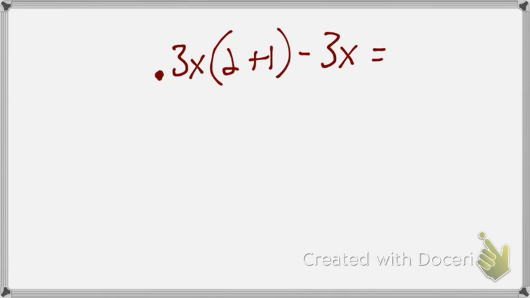All right, so let's talk about why none of that is too important, because I think it's easier to go on your calculator and do it there. Let me give you the hardest problem I can come up with off the top of my head. Let's say 0.3x(2 plus 1) minus 3x is equal to 7 minus 2.1 squared plus x.